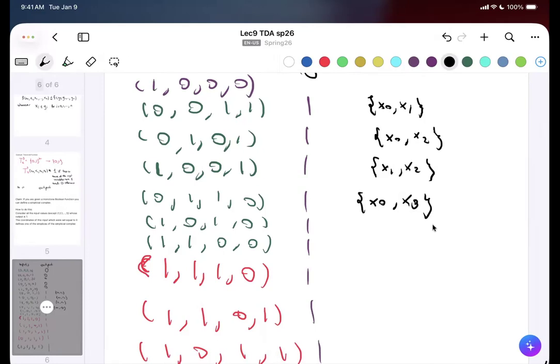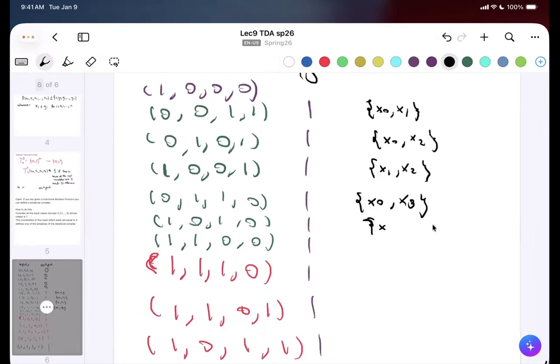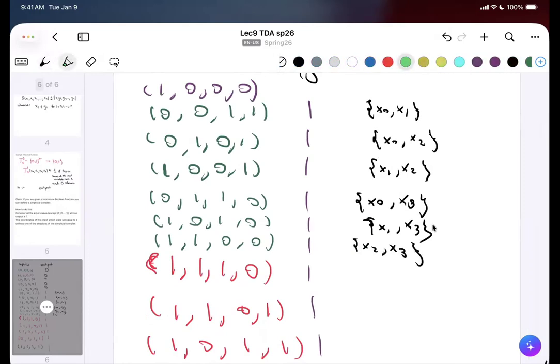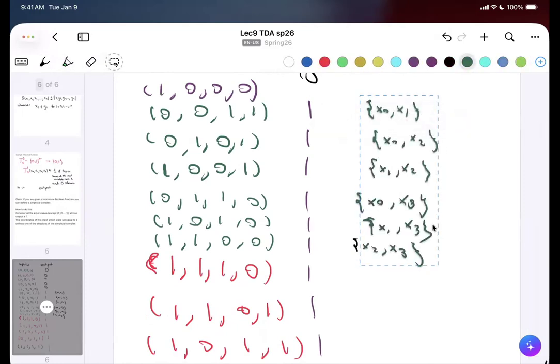And then there's an edge x2, x3. In fact, I think I can change the colors here. Okay, so these are the edges that come from the green ones, right?